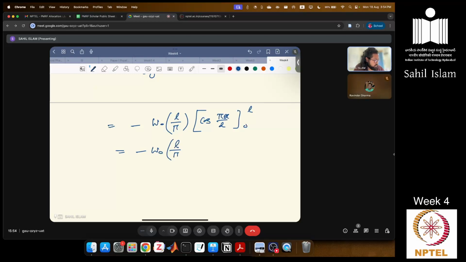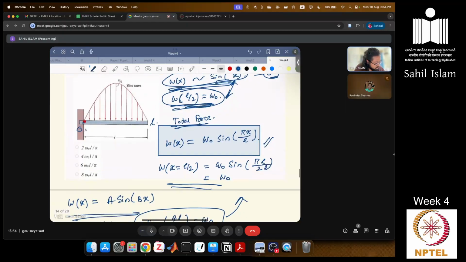You get cos pi, which is minus 1, minus cos 0, which is 1, so 2. So you finally get 2 omega 0 L by pi is the total force. This is the answer, total force.